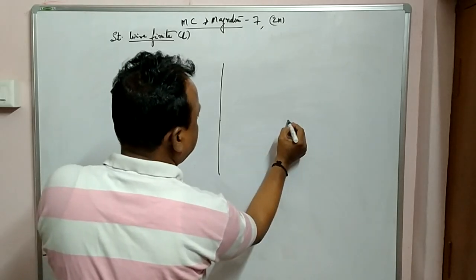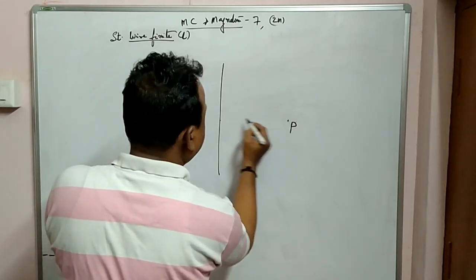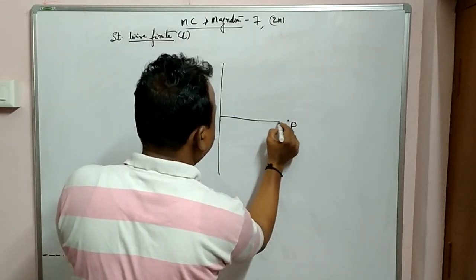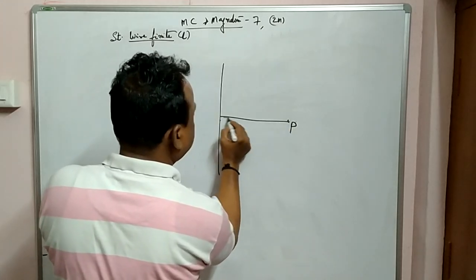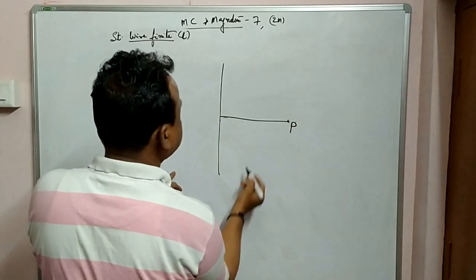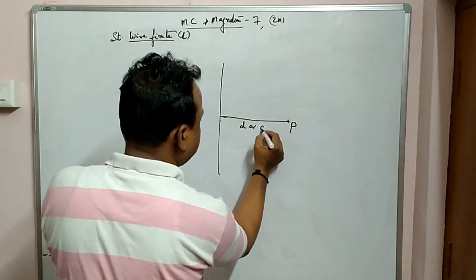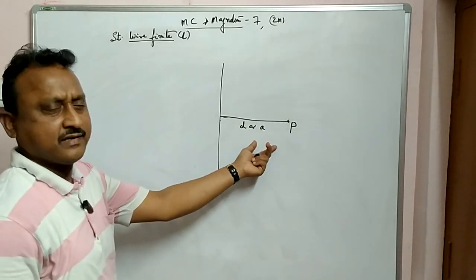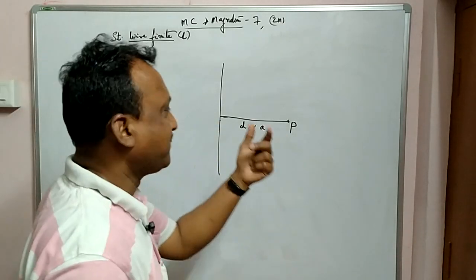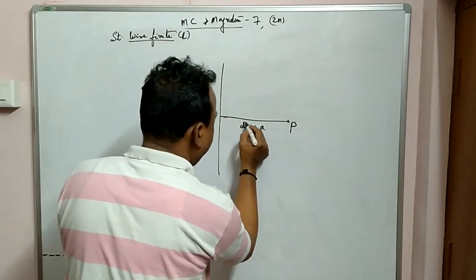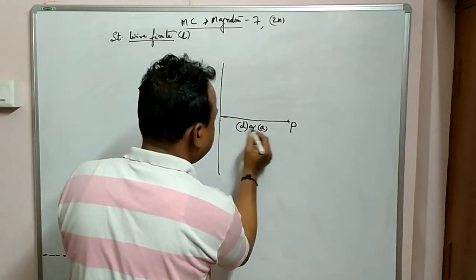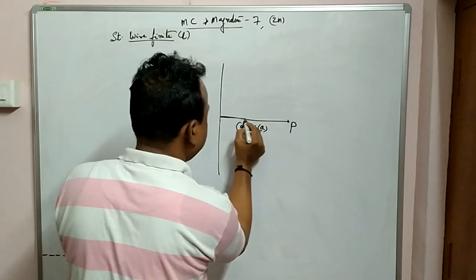Let P be a point, and it is at a perpendicular distance, this one. Let this distance be D or A. Some books follow A, some follow R, some follow D. Better you follow D or R. This is the perpendicular distance here.